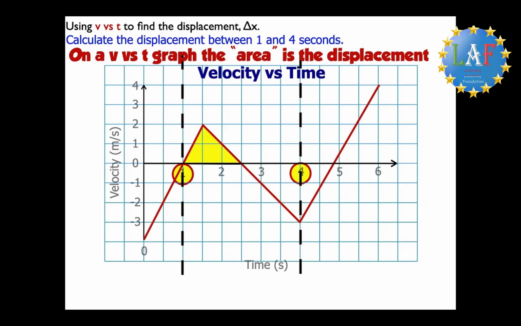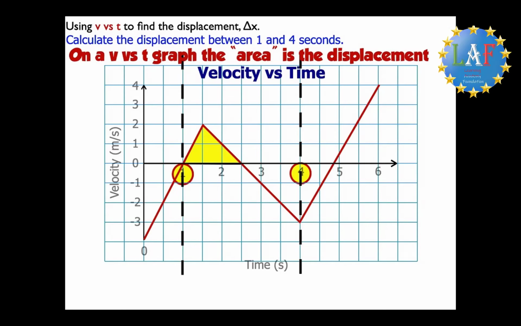And then from 2.5 to 4 is another 1.5, times negative 3.